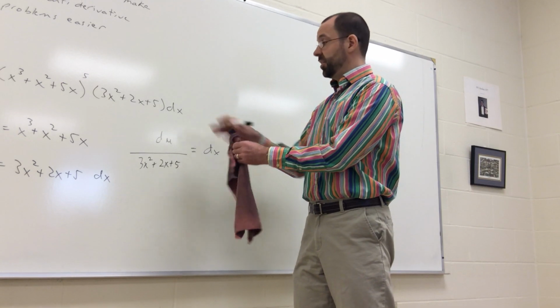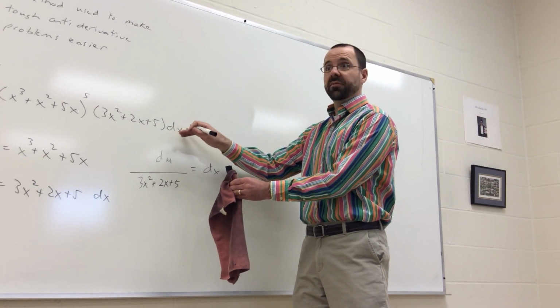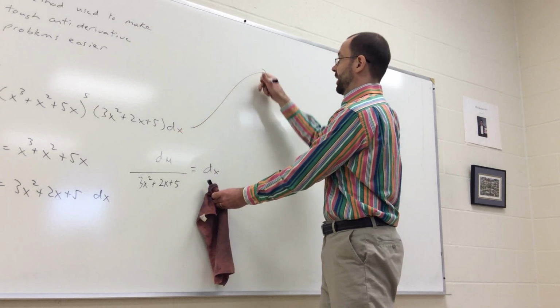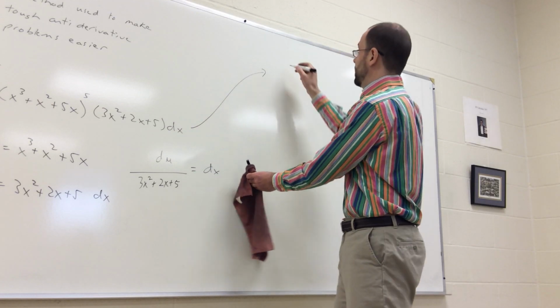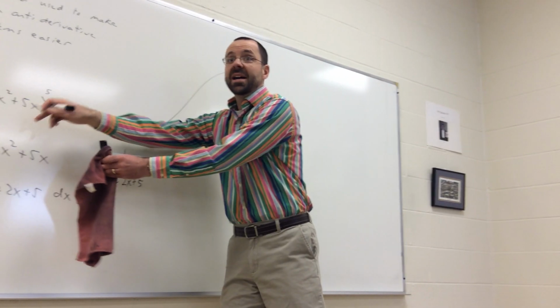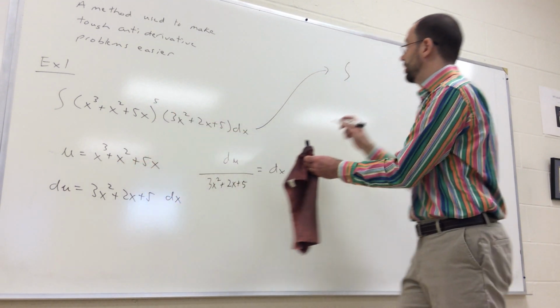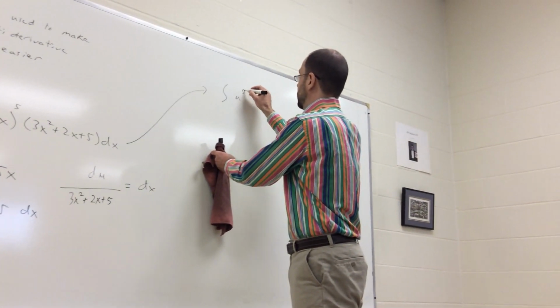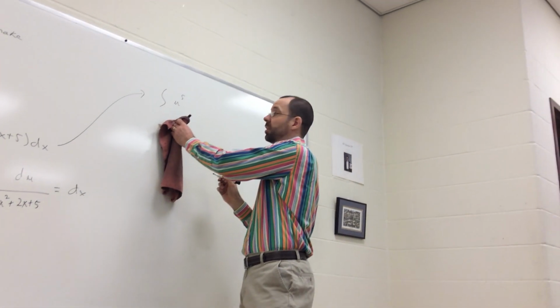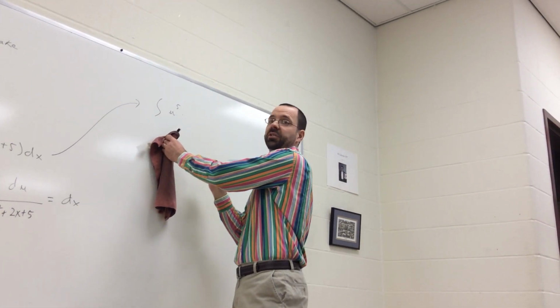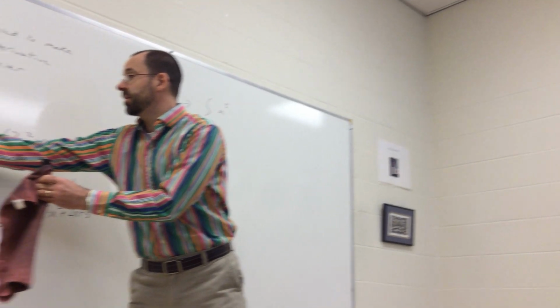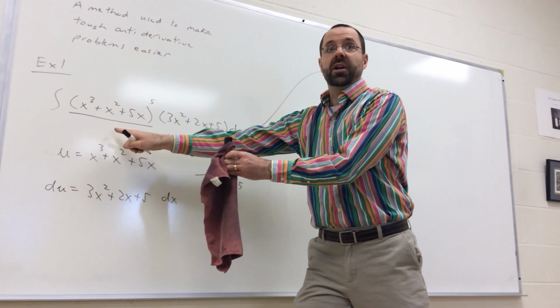So now I take this problem here, which was tough, and I'm rewriting it. Instead of the antiderivative of a mess to the fifth power, I have the antiderivative of u to the fifth power. I replaced this with u to the fifth, right?